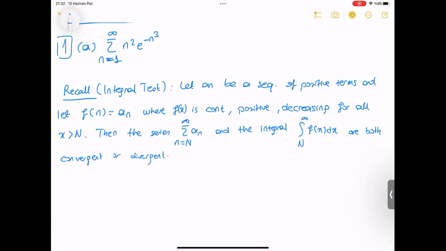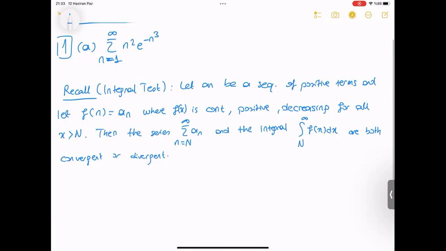So it's enough to define some function f and compute the integral of this function. If the integral converges, then the series also converges. Otherwise, it will diverge.